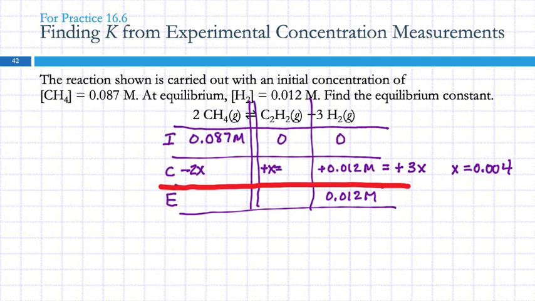So then this is just 0.004. And then this is going to be minus 2 times 0.004, which would be 0.008. So I get 0.079.